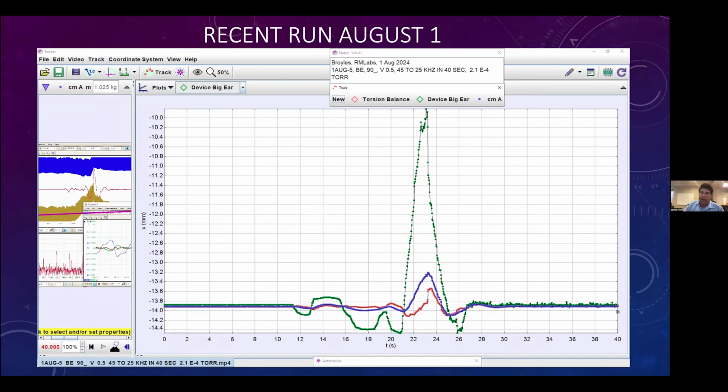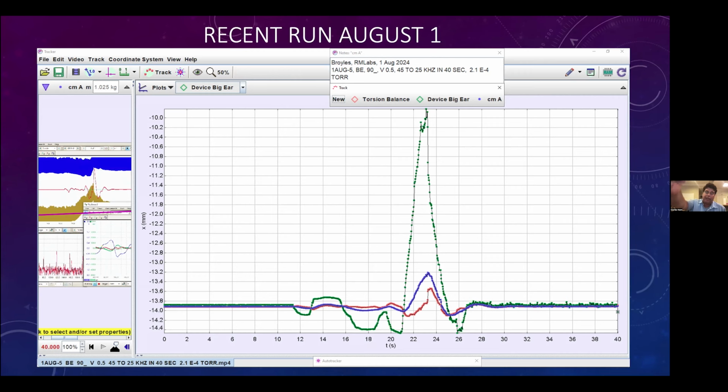Right after the minimum, a little after 21 seconds, the red trace, which is the torsion arm, and the green trace are both moving. The red trace stops its motion in the direction opposite to the green, and then starts going in the same direction, and that continues for a bit. And again, as this is happening, we're sweeping through these frequencies. Zero is 45 and 40 seconds is 25.